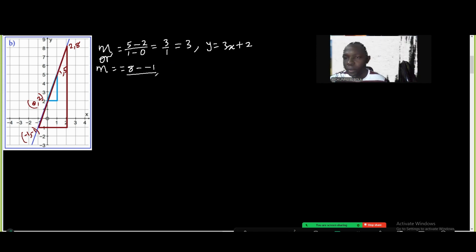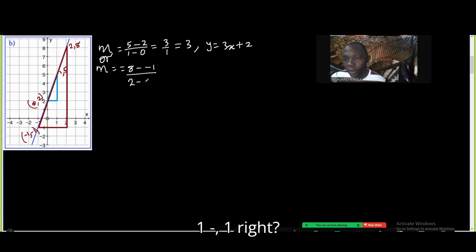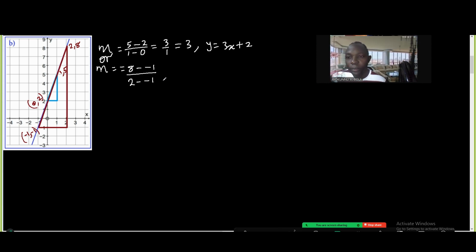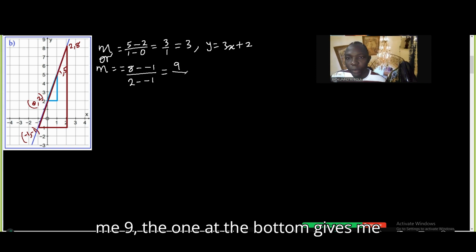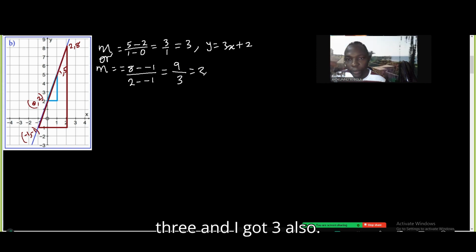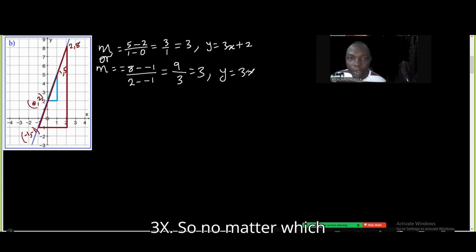Over, what is the x2? That is 2. What is the x1? Minus 1, right? So the one at the top gives me 9, the one at the bottom gives me 3, and I got 3 also. So y equals 3x plus 2.